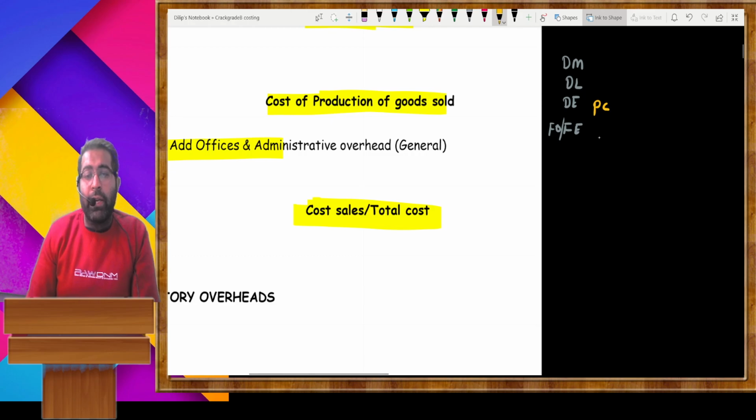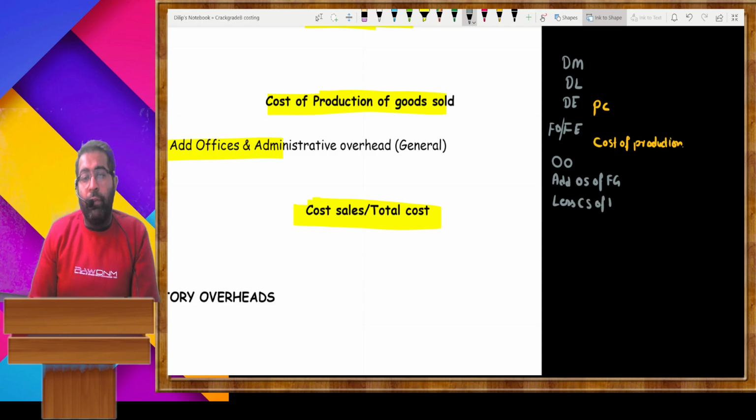Then we arrive at the cost of production. In this we add all the types of office overhead, add opening stock of finished goods less closing stock of finished goods.